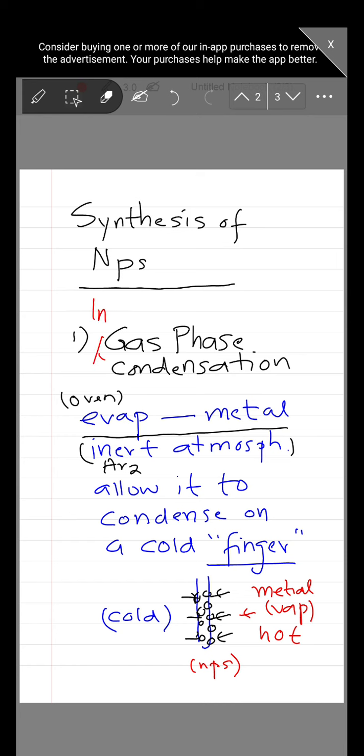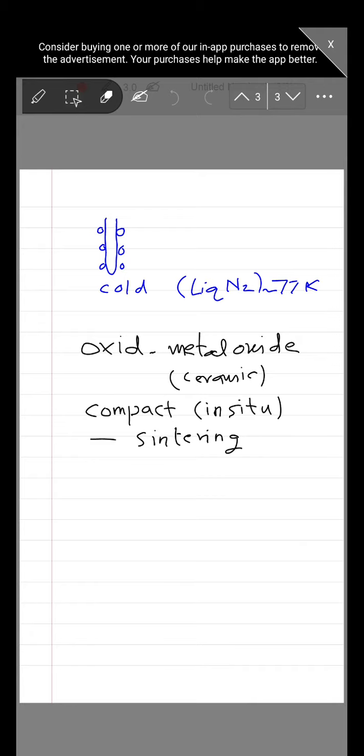Add the word inert to it, so it's inert gas condensation. So this is the first way by which we can produce nanoparticles.